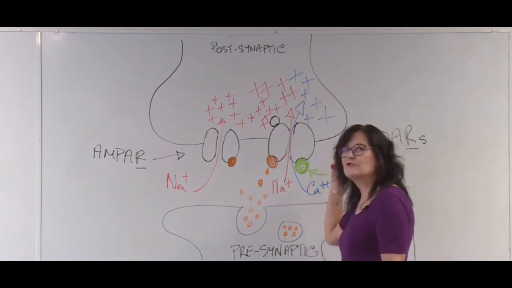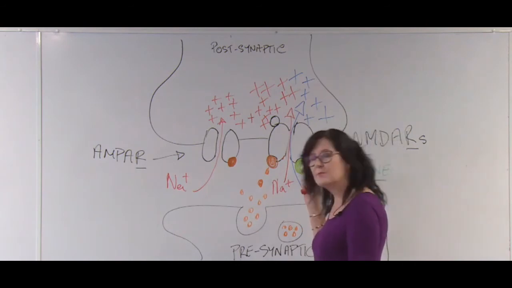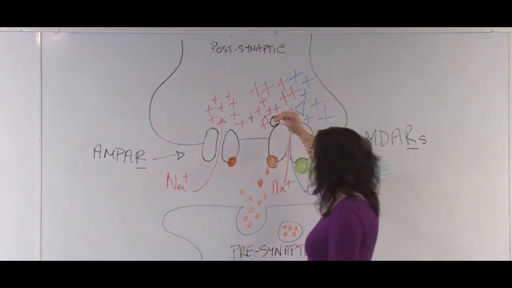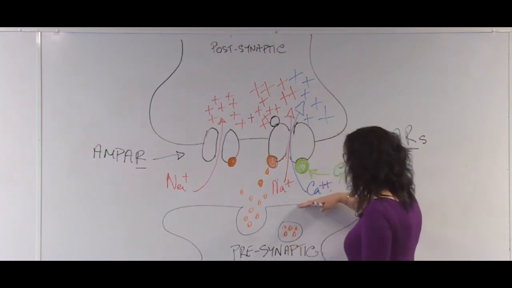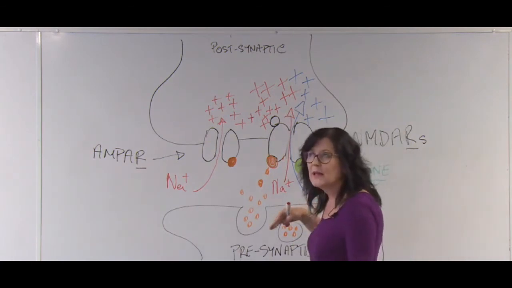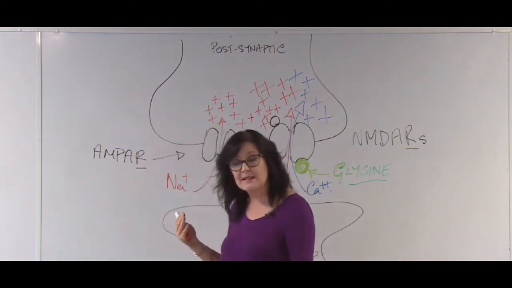And it strengthens that EPSP. So there is more likely to be an action potential in that postsynaptic neuron. And later we'll also talk about the other effects of calcium in terms of signaling and synaptic plasticity.